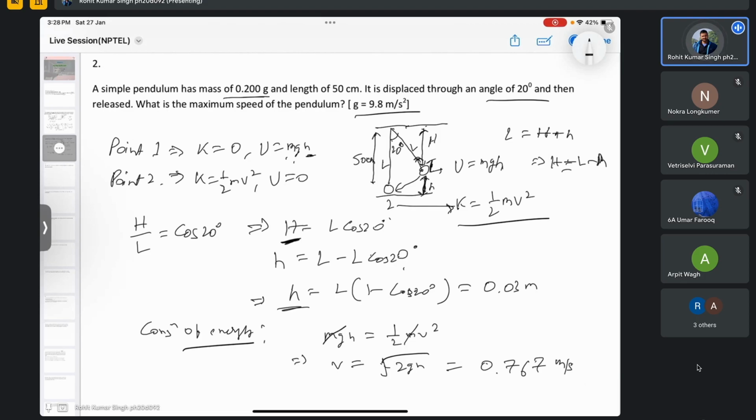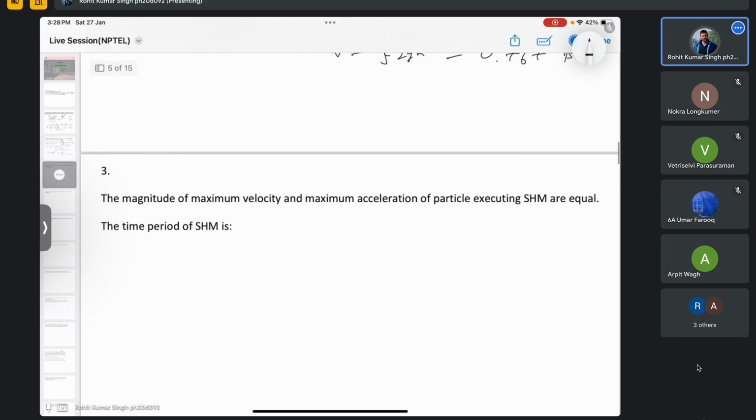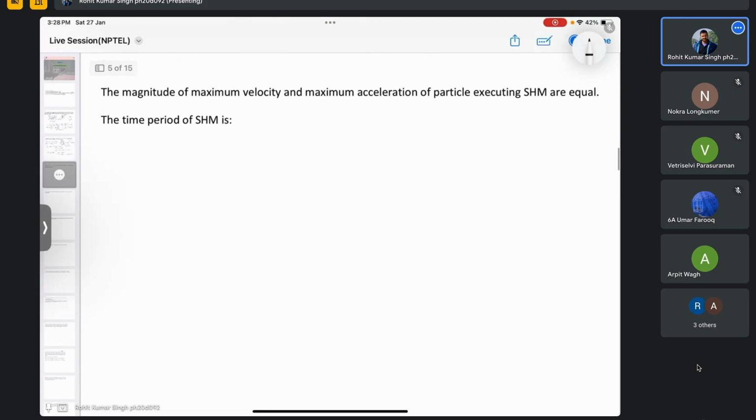Okay, so let's go to the next problem. Now this problem is related to SHM, simple harmonic motion. Does everyone know what SHM is? Can anyone explain what SHM means?